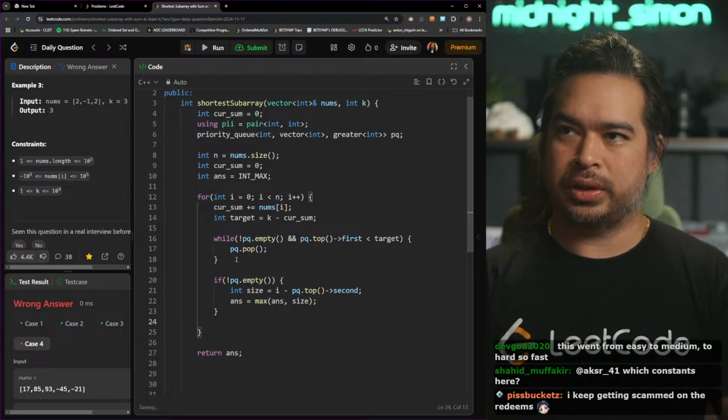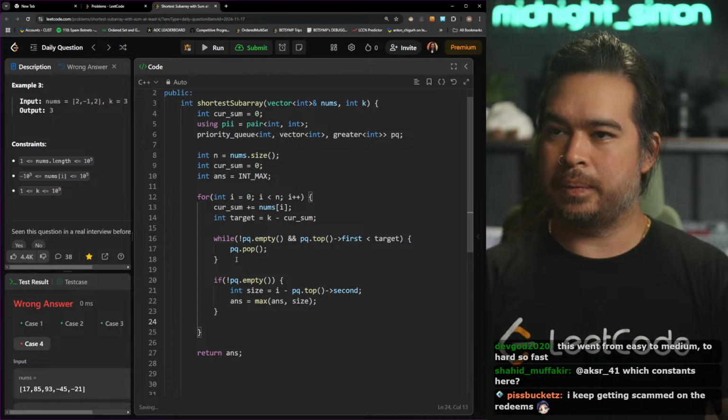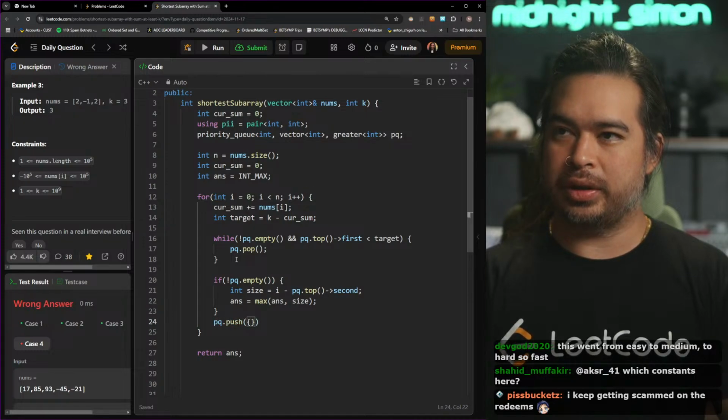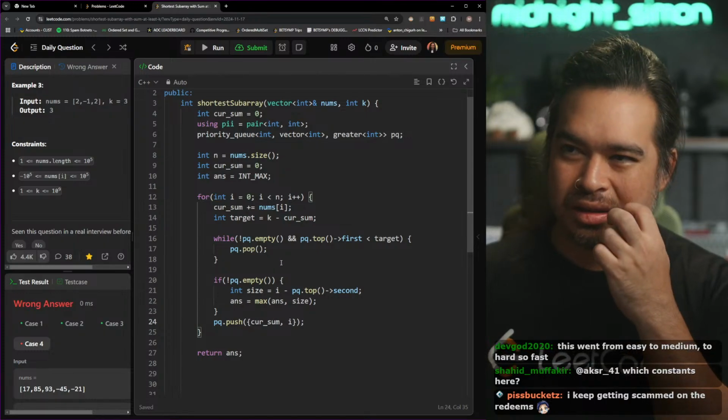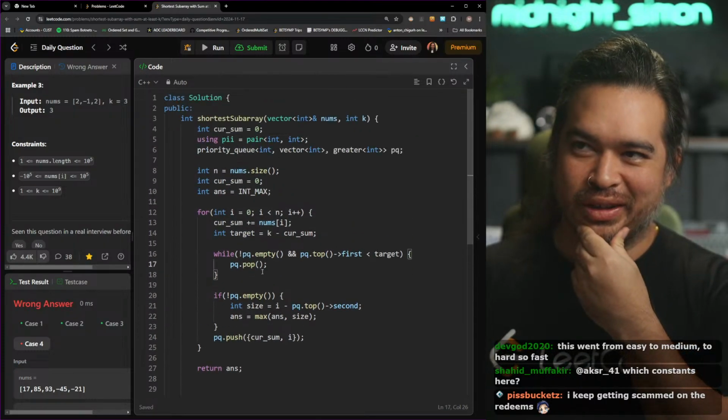And I gotta push. What am I pushing here? The current sum and the index that we're at.